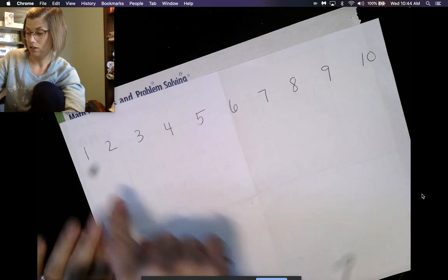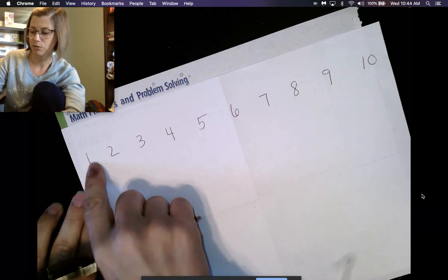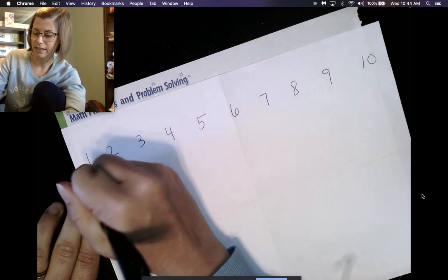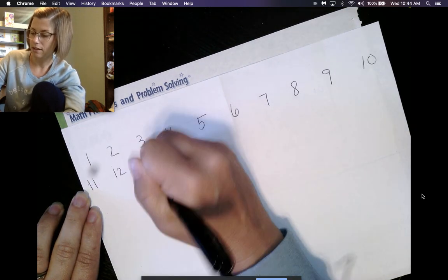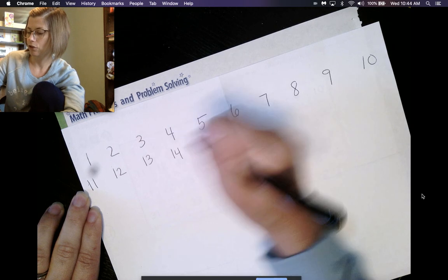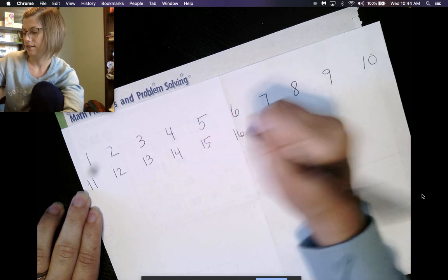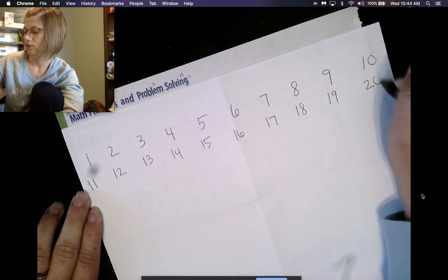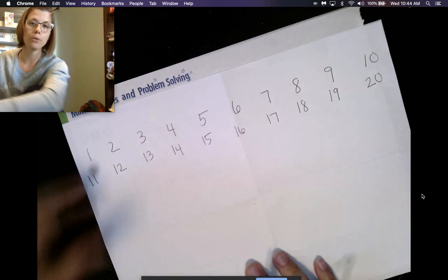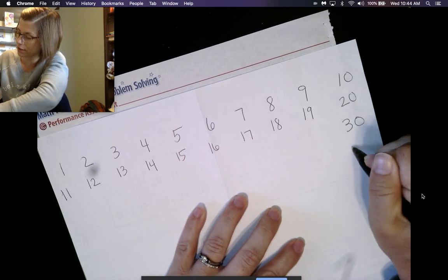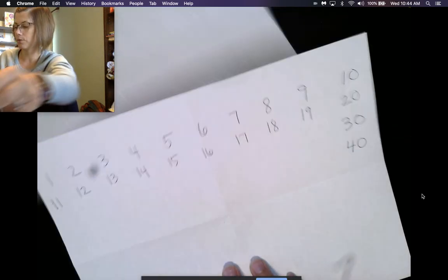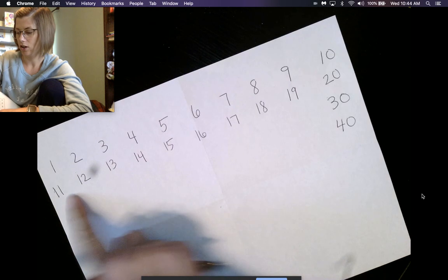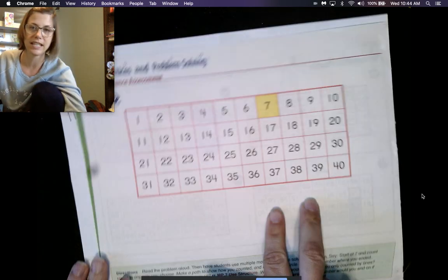Then you're going to need to do the next numbers underneath. So it's 1, and then like this. So like 11, 12, 13, 14, 15, 16, 17, 18, 19, 20. Go all the way to 40 so that you have all of your numbers that come all the way down to 40. So it looks just like this.